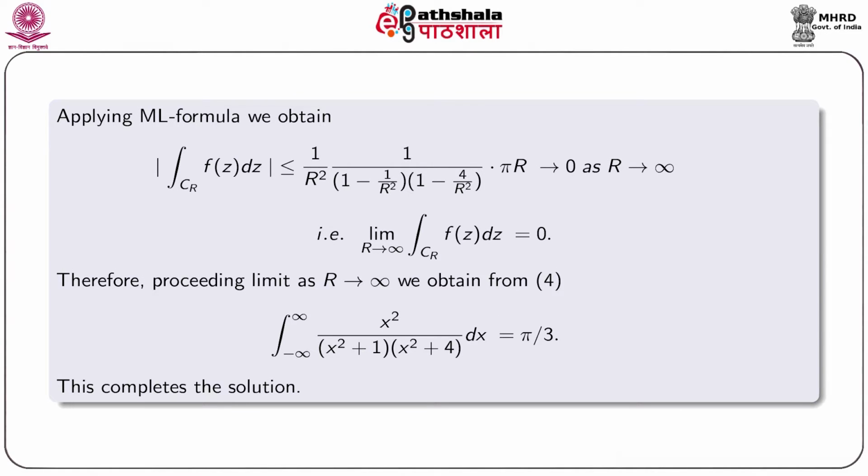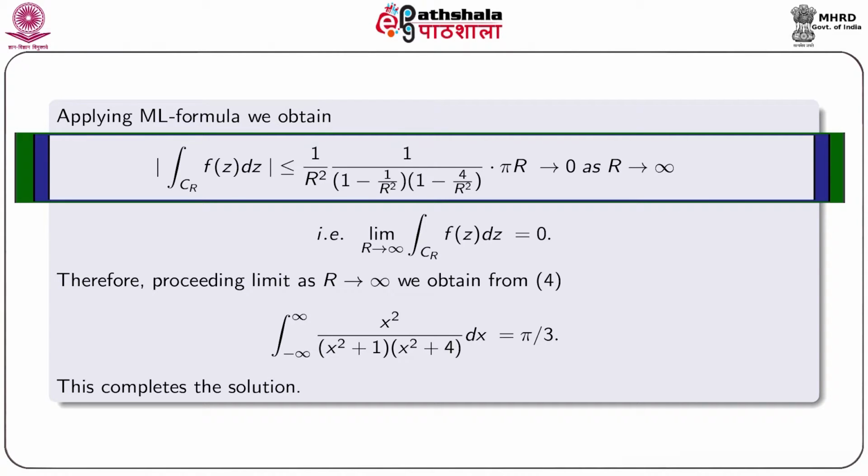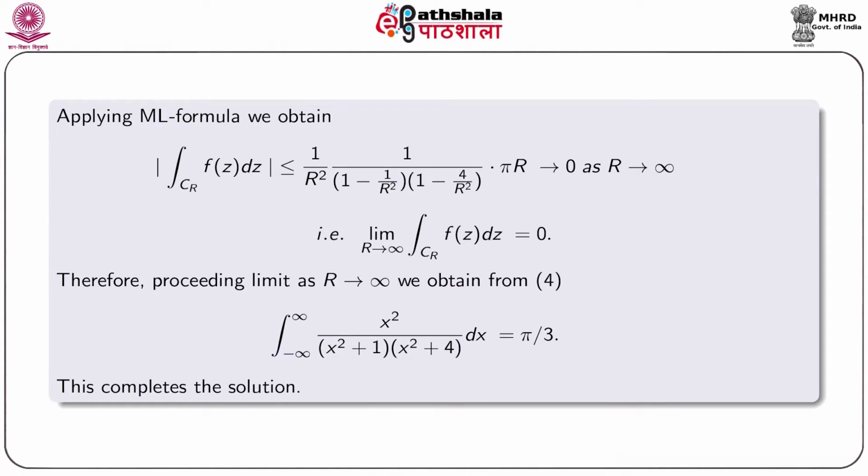Therefore, applying the ML formula, we obtain modulus of the integral over CR of f(z) dz is less than or equal to 1 by R squared into 1 by (1 minus 1 by R squared) into (1 minus 4 by R squared) into pi R, which tends to 0 as R tends to infinity.